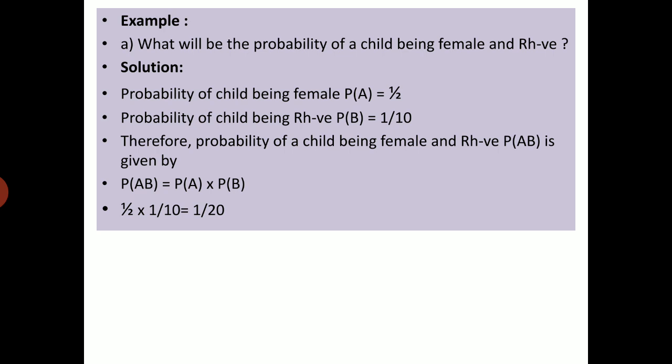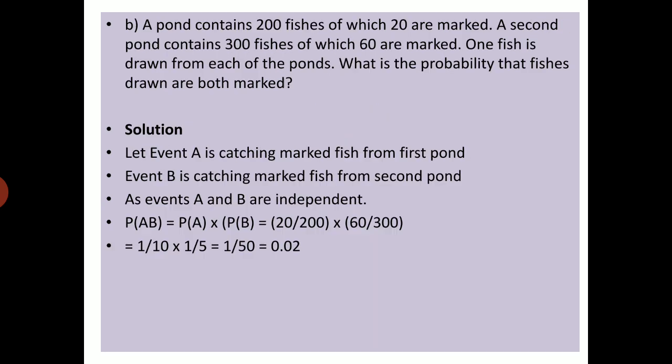So the probability of child being female and RH negative is given by P(AB) is equal to P(A) into P(B), which is 1 half into 1 divided by 10, equal to 1 out of 20. So the probability of getting a female child with RH negative is 1 out of 20. So these two laws, the law of addition and the law of multiplication, are important. Very simple to understand. Okay.